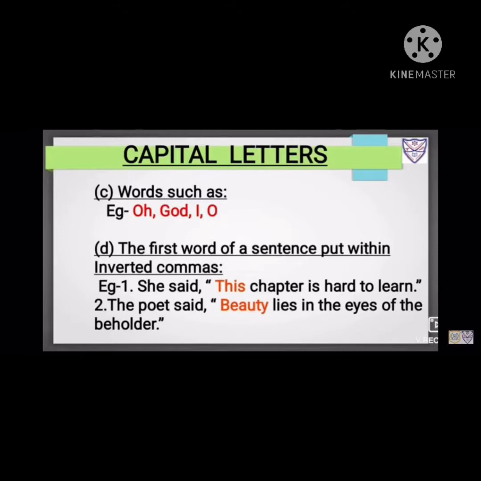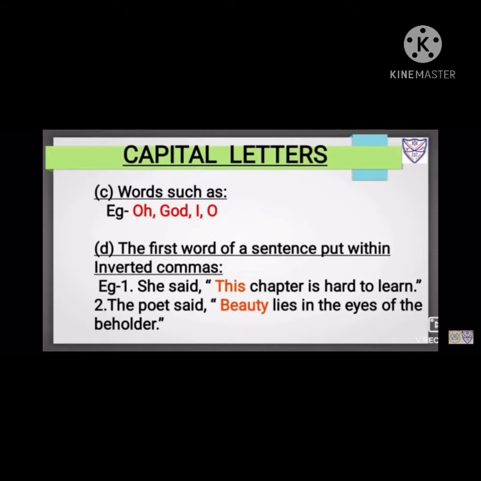As you can see in the examples below, she said, as it is the beginning of the sentence, so she, S is also capital. Even the word which are in inverted commas, this chapter is hard to learn, so the inverted comma first beginning word, this T has to be capital.